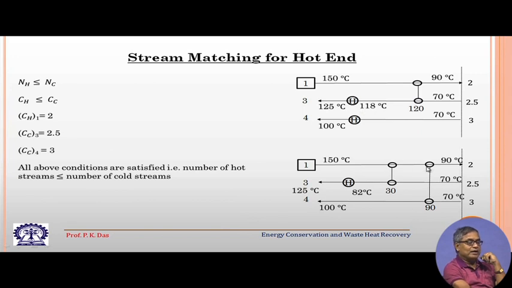Here also we get one, a second, and a third. So, in both cases we get three heat exchangers with the same amount of hot utility, but the advantage is that we get two solutions. Two options are available to the design engineer, and depending on plant requirements one can take either of them.